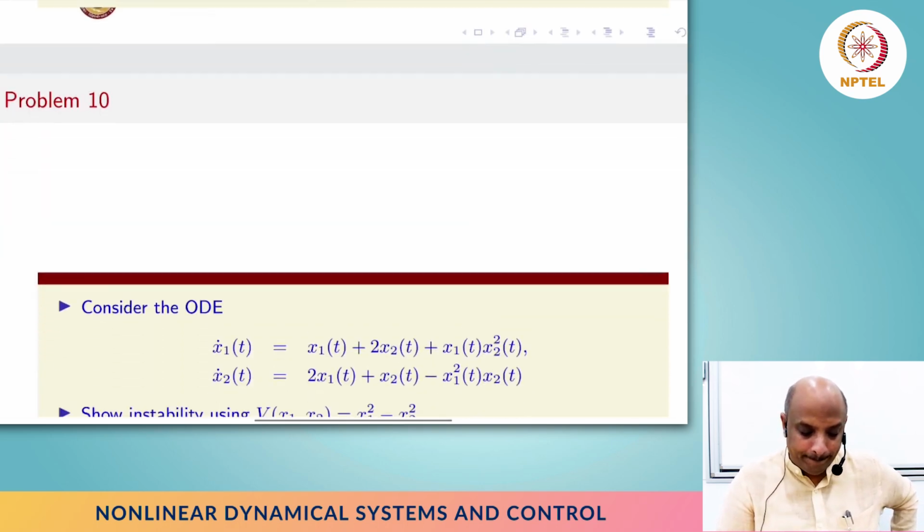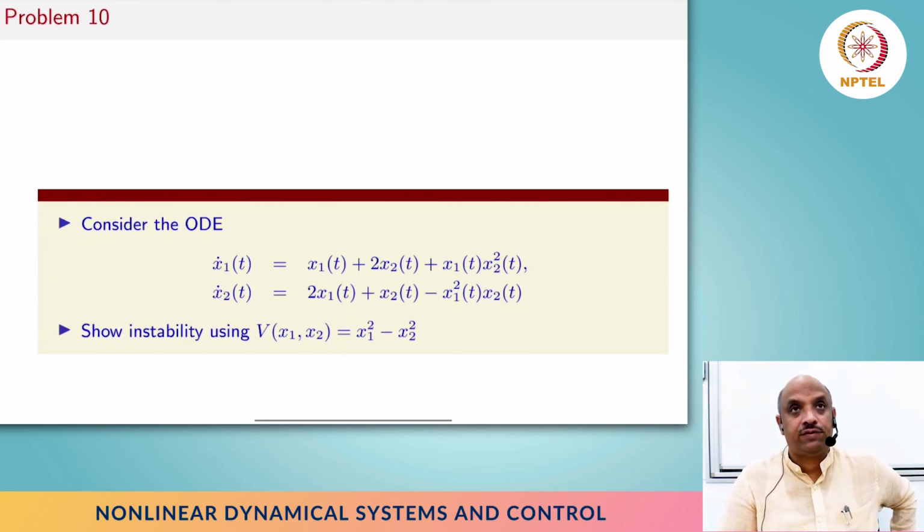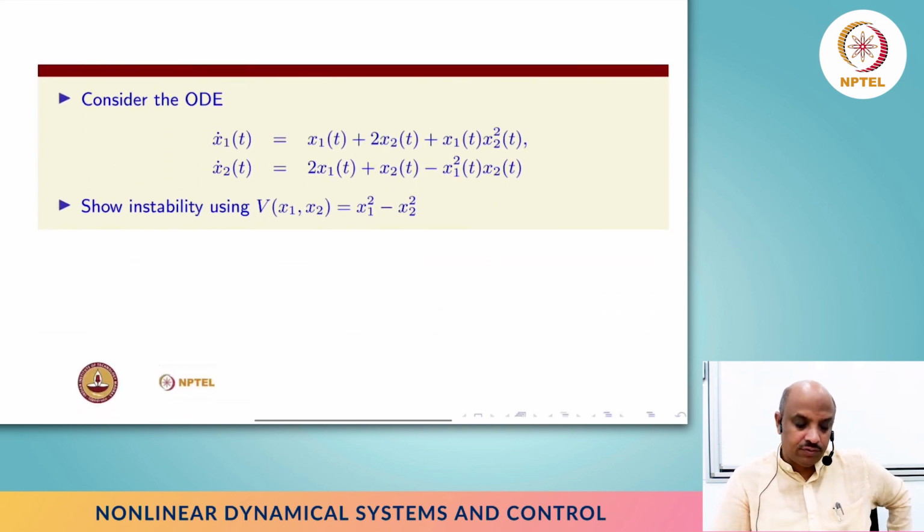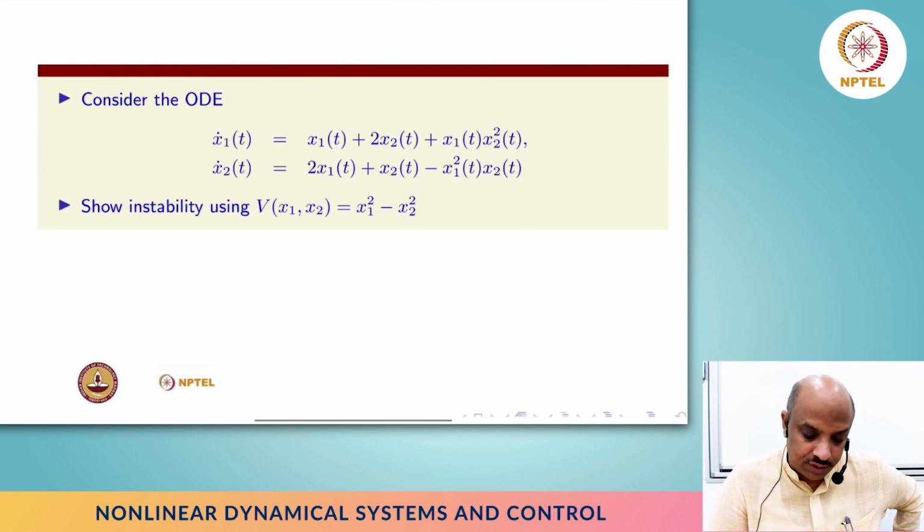What we have seen is basically show that V dot has these properties, right? So once again, we will take the last example of today's class, showing instability. And once again, V is positive on the line x2 equals 0.